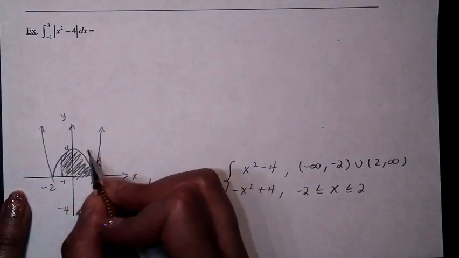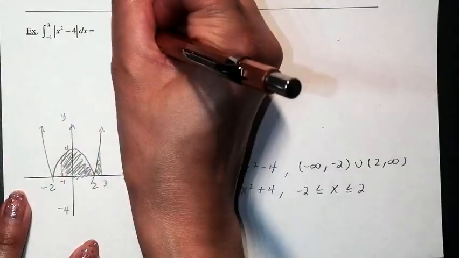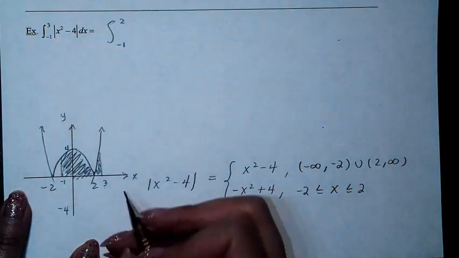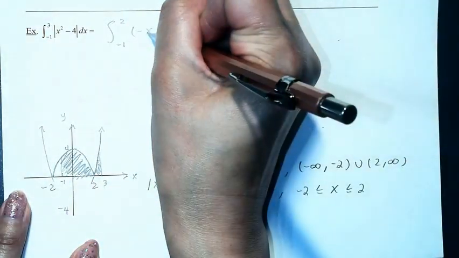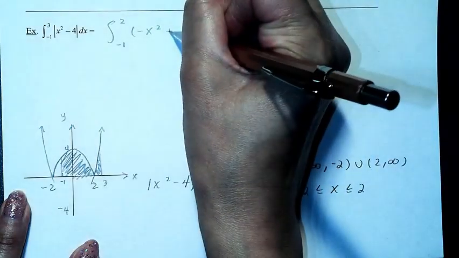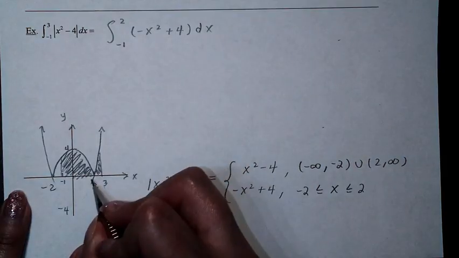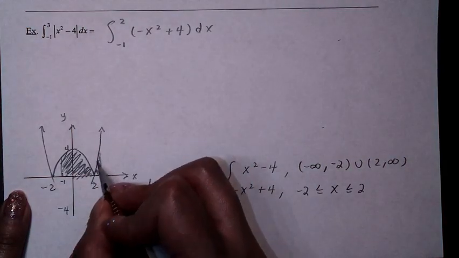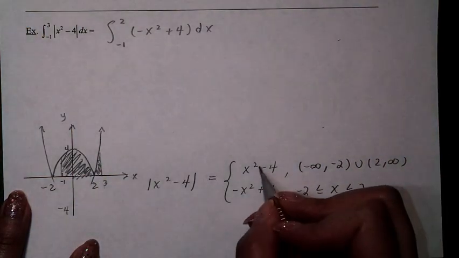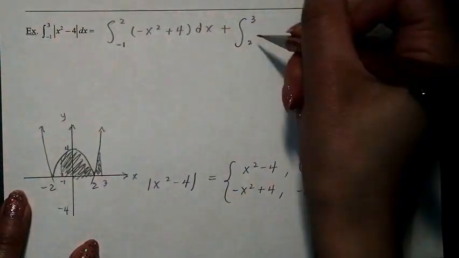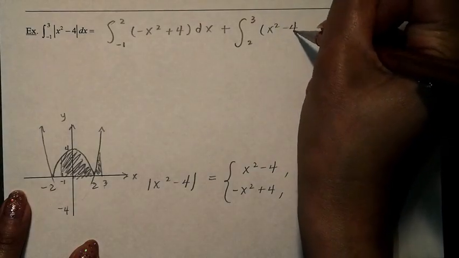For the piece that's facing down, from -1 to 2, what piece are we going to use? The negative: integral of negative x squared plus 4 dx. Why? Because the parabola is facing down. Then the parabola switches up here to the original one, so you have plus the integral from 2 to 3 of x squared minus 4 dx.